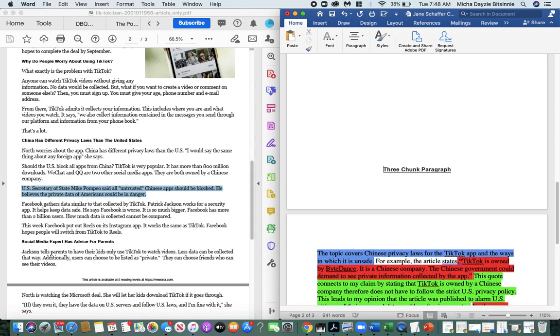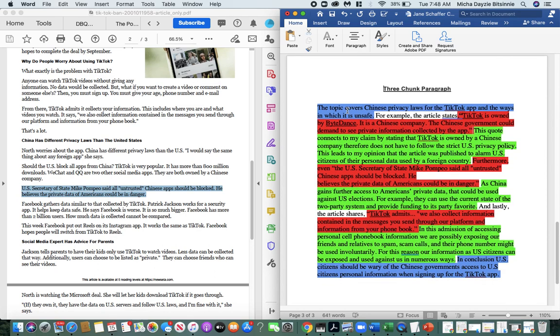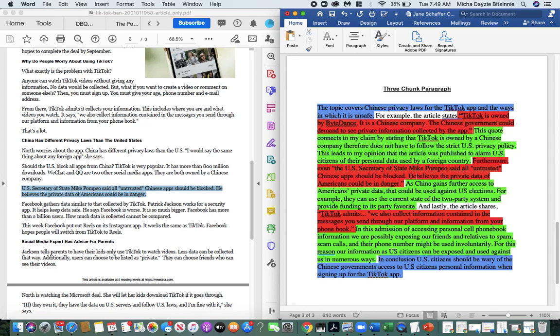So notice, see where I'm going with this paragraph is again, topic sentence is always at the top, concluding sentence is always at the bottom. This information is the same as the other two, but I told them to write a 3-chunk paragraph, so they added another concrete detail.